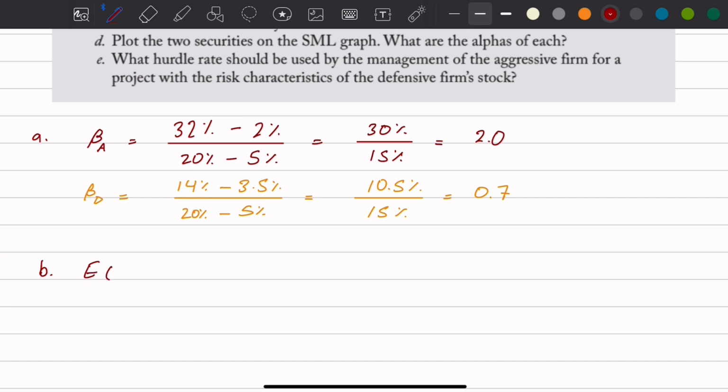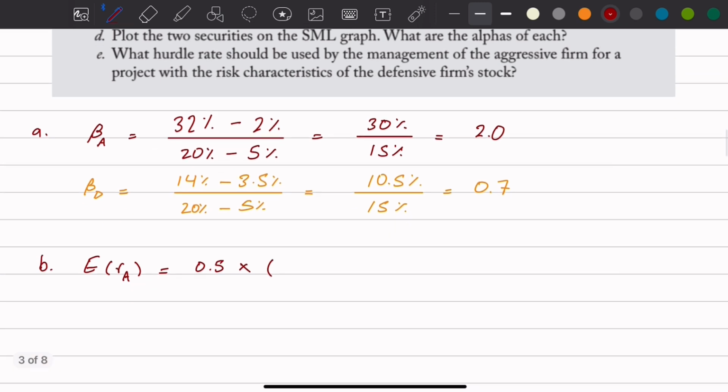So we'll say expected return on the aggressive stock is going to equal 0.5, which is a probability of 50%, multiplied by 2% plus 32%. 2% plus 32%, that's 34%, multiplied by 0.5, that is 17%.